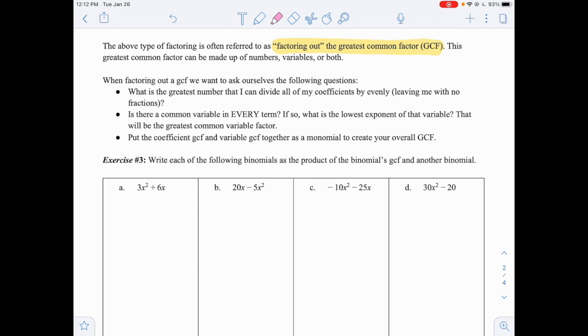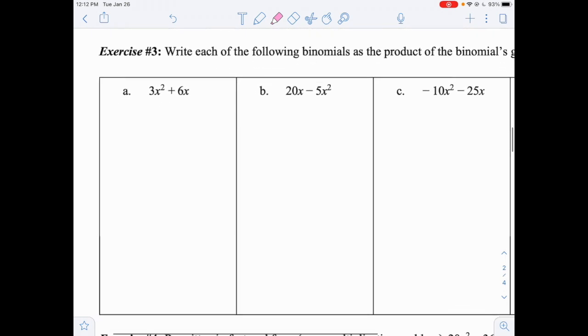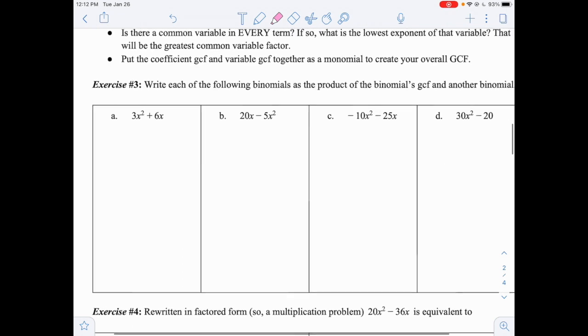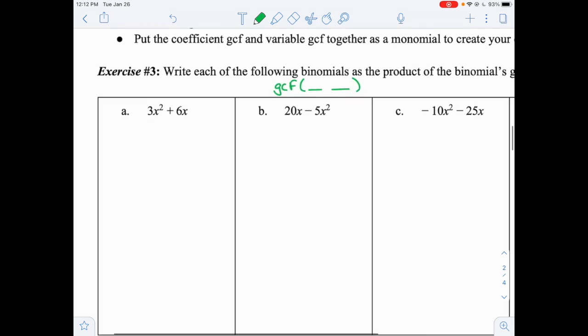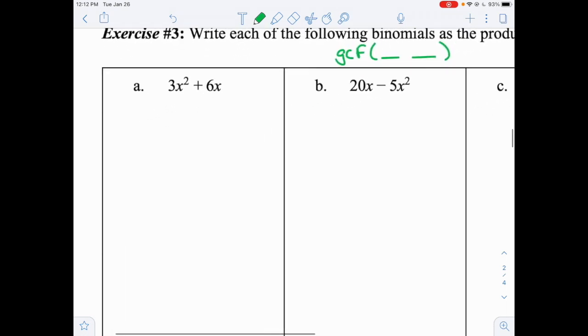So let's go into the first one. It says write each of the following binomials as a product of the binomial's GCF and another binomial. So really what that means is it wants GCF times binomial, which is what we were doing before, but now our GCF might have a variable in it. And I say might because it's not going to every time. So 3x squared plus 6x.